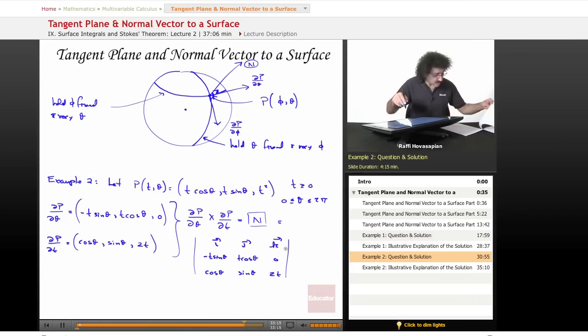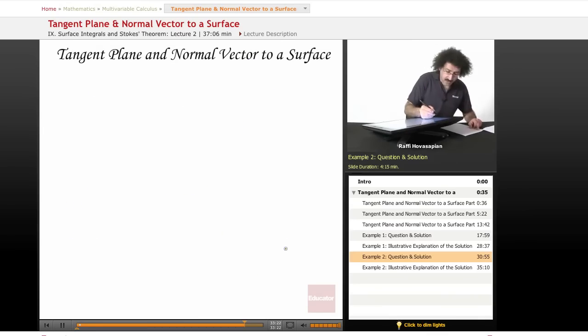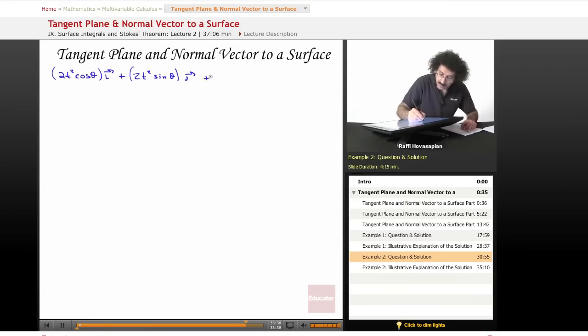So now I'm going to move to the next page. When I do that, I'll let you confirm what I end up getting. I end up with 2t squared cosine theta i plus 2t squared sine theta j plus t times k.